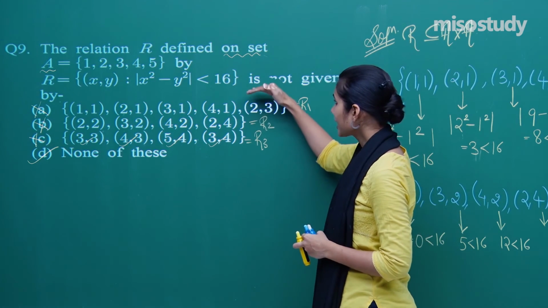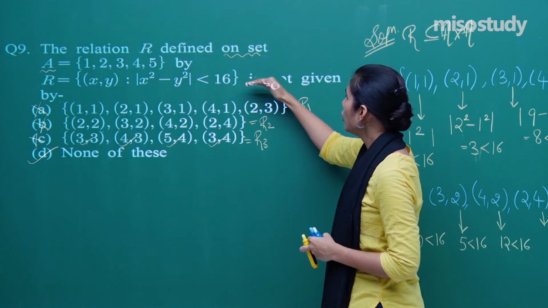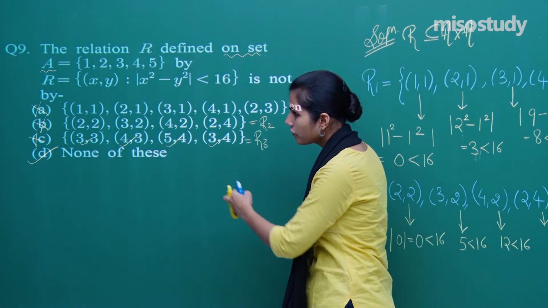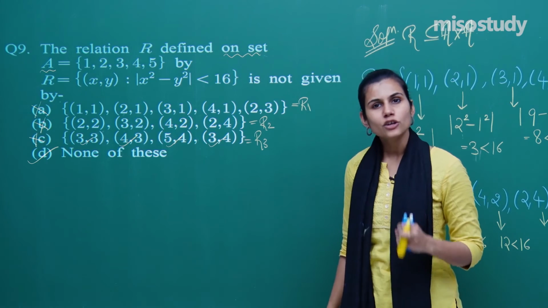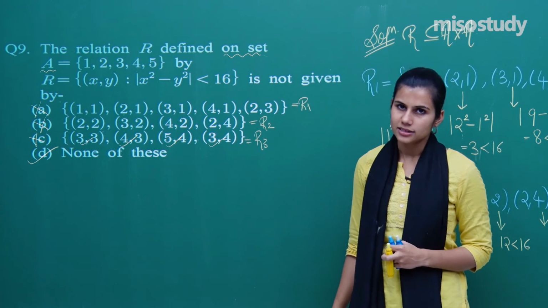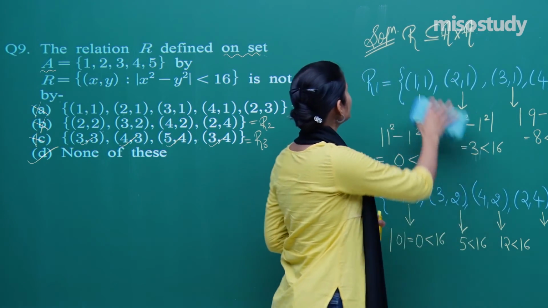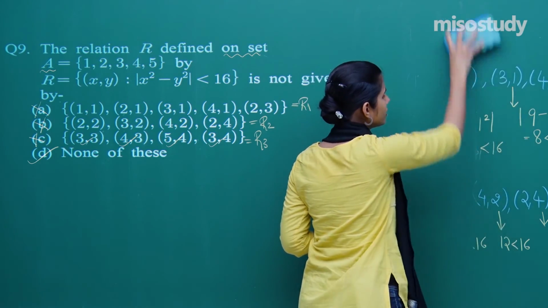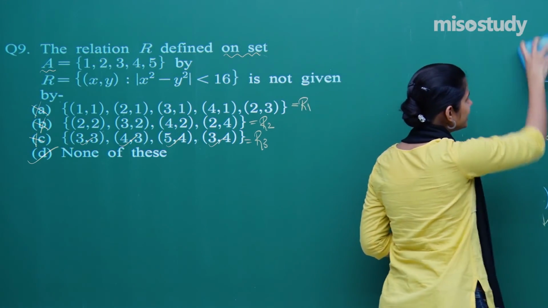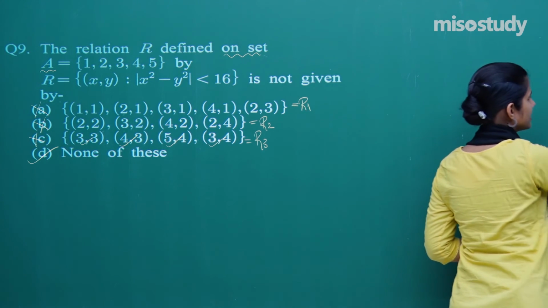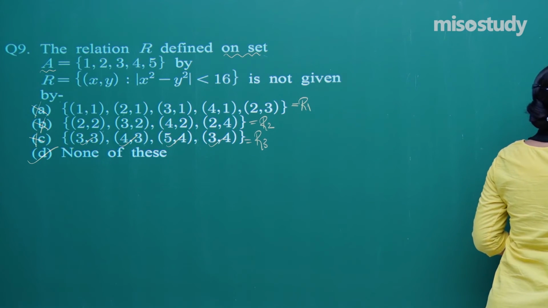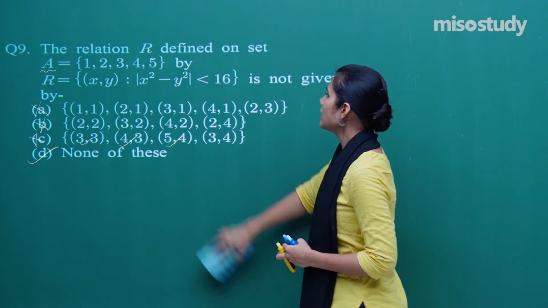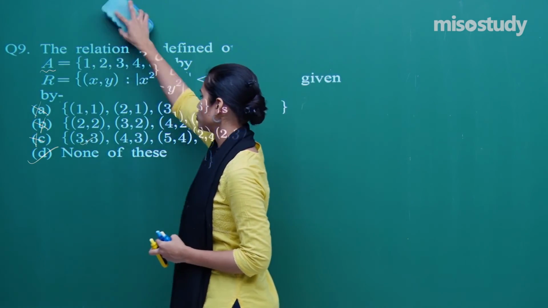The correct answer is that option which is giving a relation not given by this rule, but because all relations are given by this rule, none of these is the correct answer. We just used our concept of relations, understood what the rule was trying to say, applied it and got the answer. Let's see what is coming up in the very last question of this section.